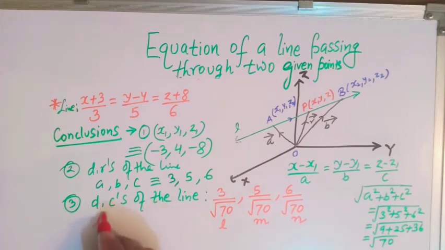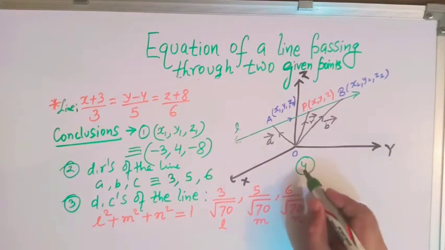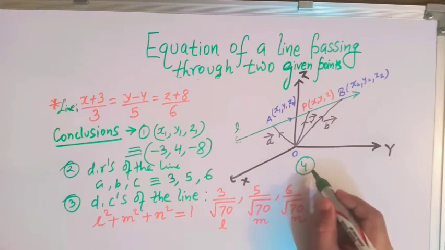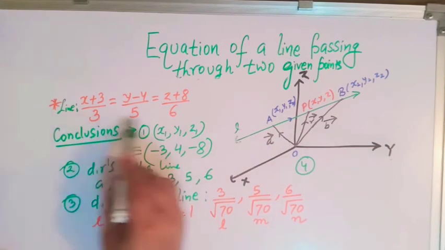And we know that the sum of the squares of the direction cosines is always equal to 1. Right? Now the fourth conclusion is very important regarding this line.